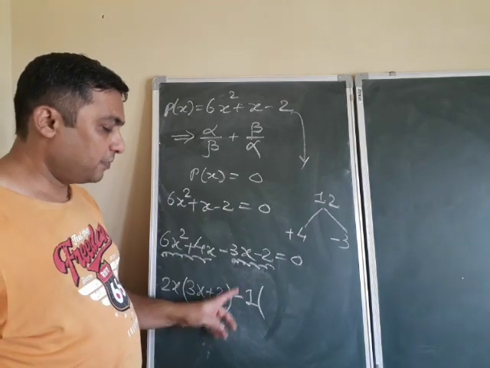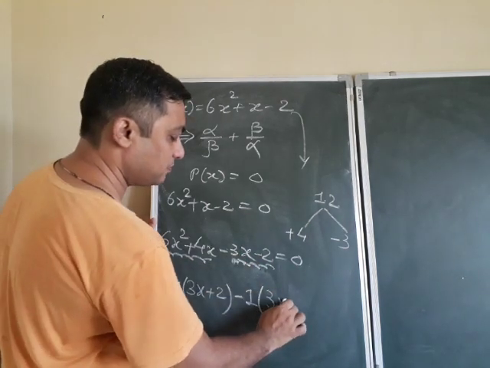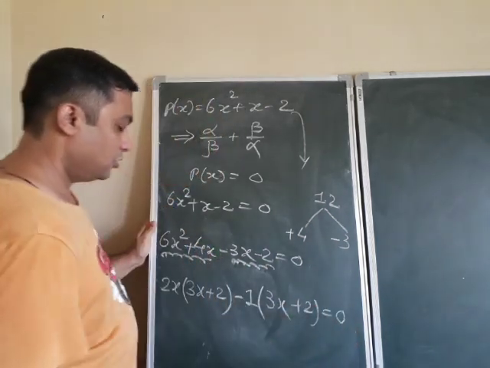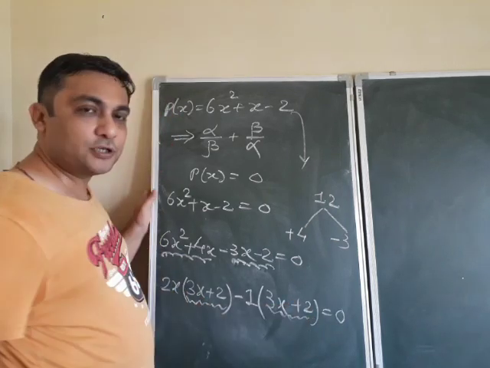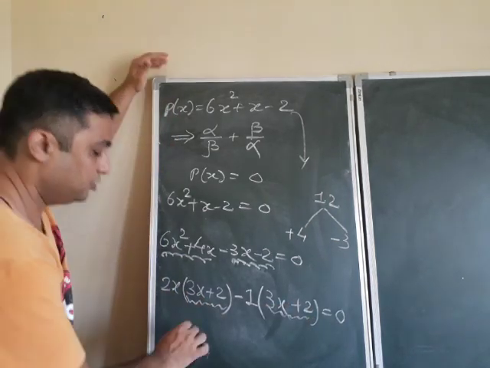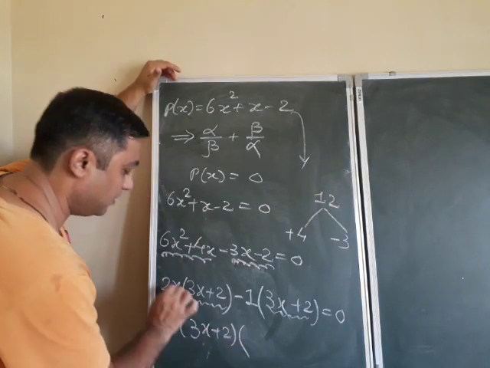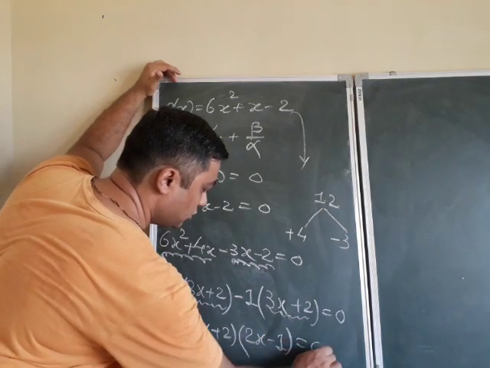As minus is common, the internal terms change their sign. This minus becomes plus and this minus also becomes plus. Again, further common 3x plus 2. So 3x plus 2 I am getting as further common, and the other factor is 2x minus 1 is equal to 0.